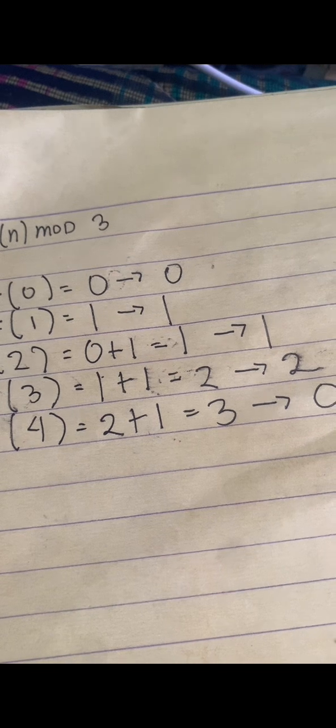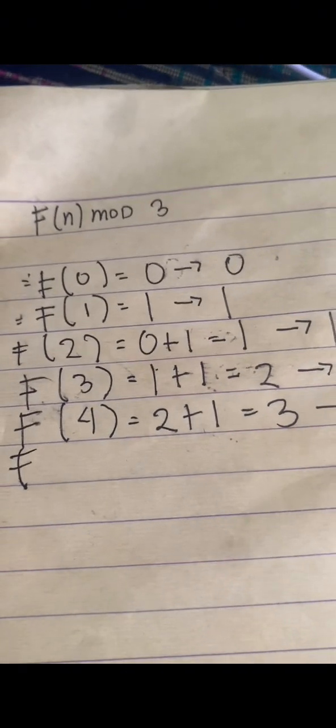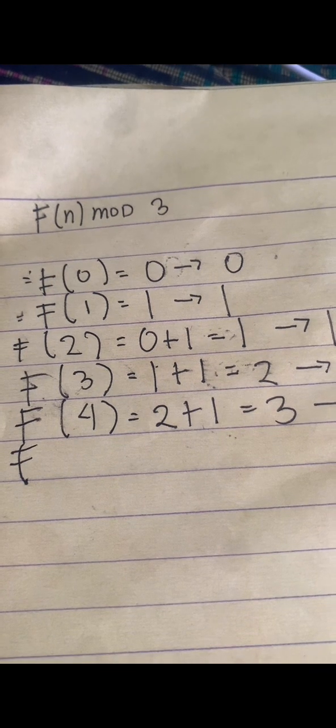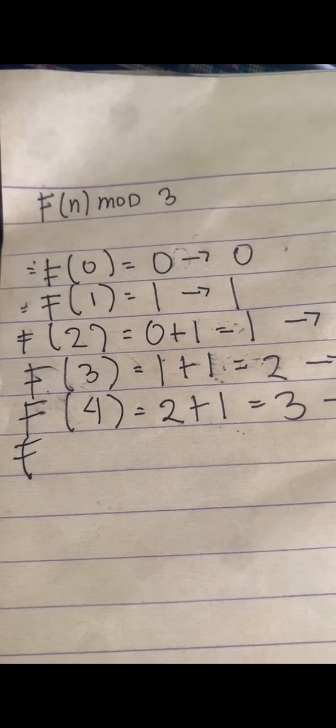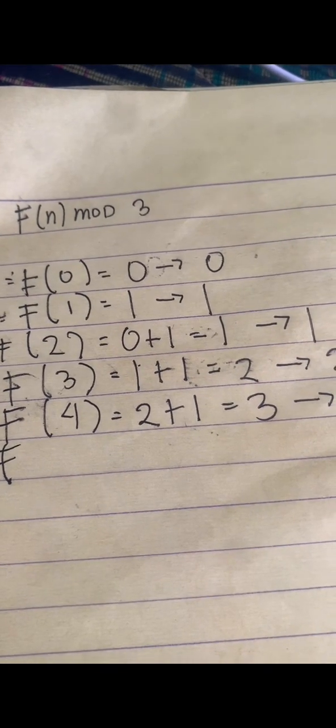As I have said earlier, Fibonacci is the sum of the two numbers before it. So F sub 2 is basically 0 plus 1, which is equal to 1.